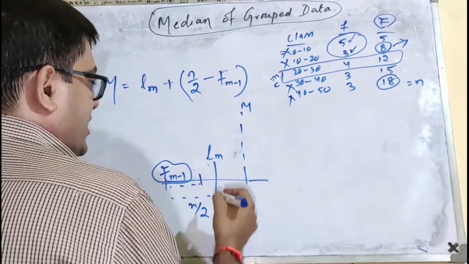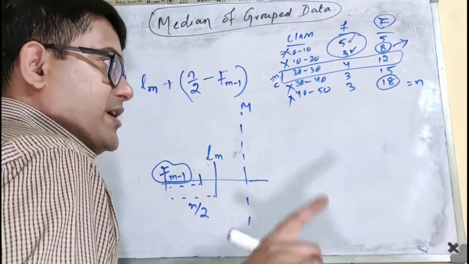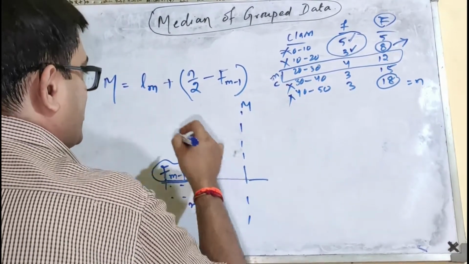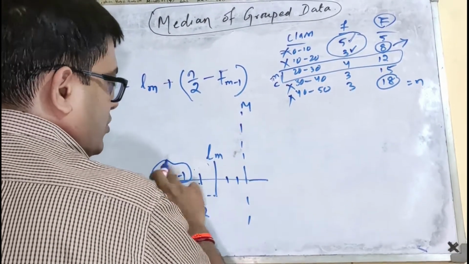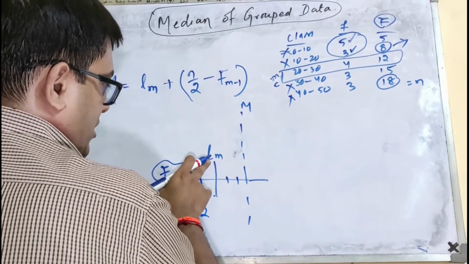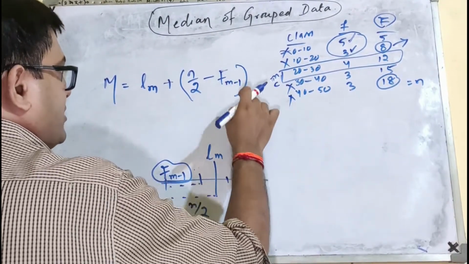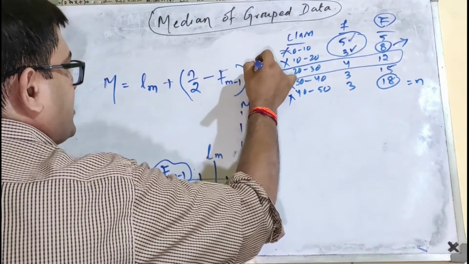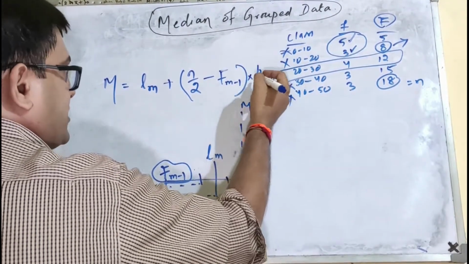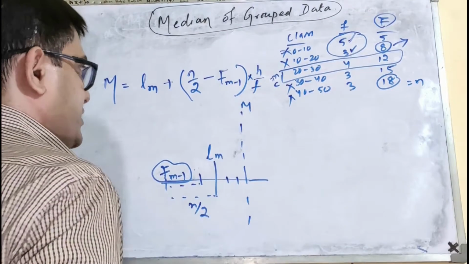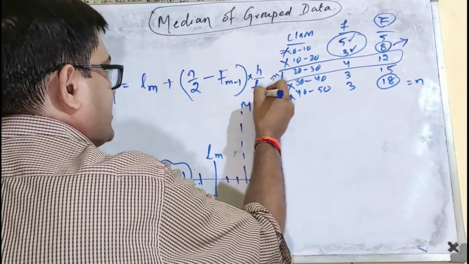Since each data point is assumed to be spaced uniformly, the total number of spacings that we have to cross to reach the median mark is going to be that times the class interval, divided by the number of data points of the median class.